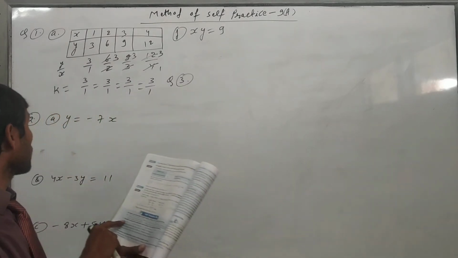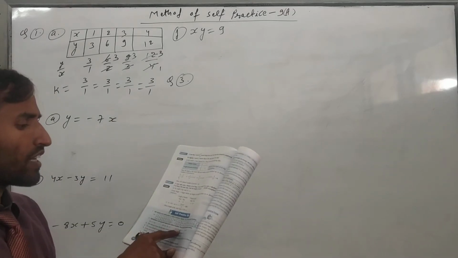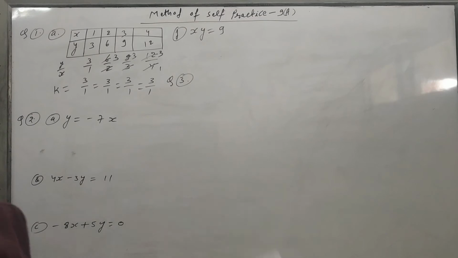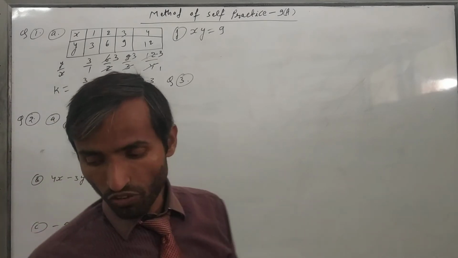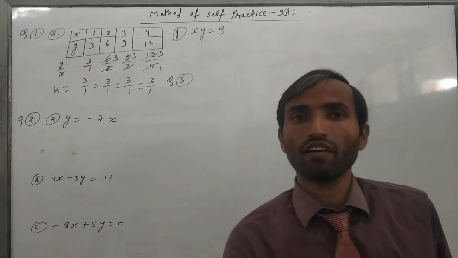Okay. In question number 2, tell whether each equation represents direct variation. If so, identify the constant of variation. Again in question number 2 we have to do it like this only. The difference from question number 1 is that there some value was given and here some variable is given.